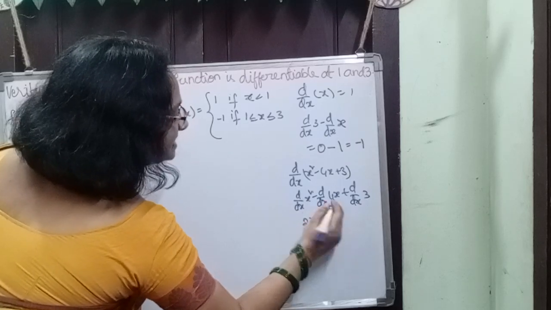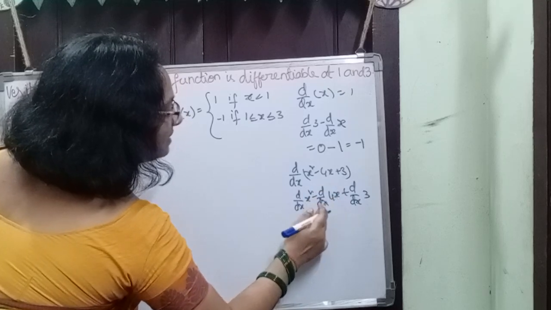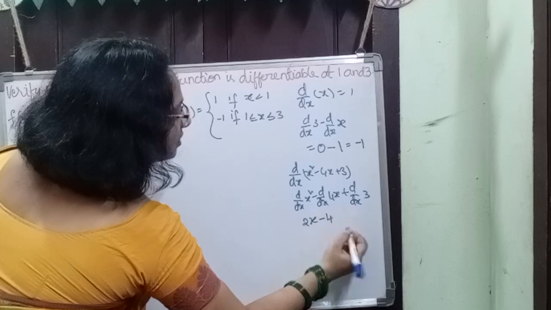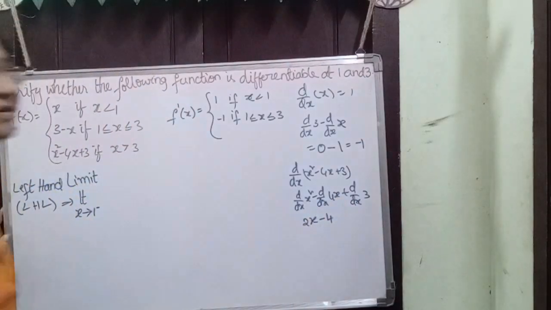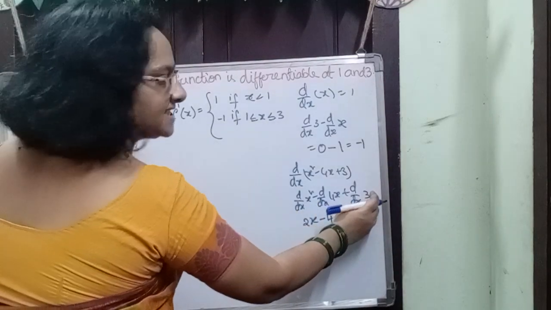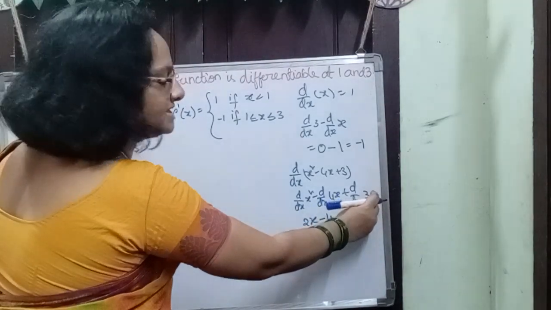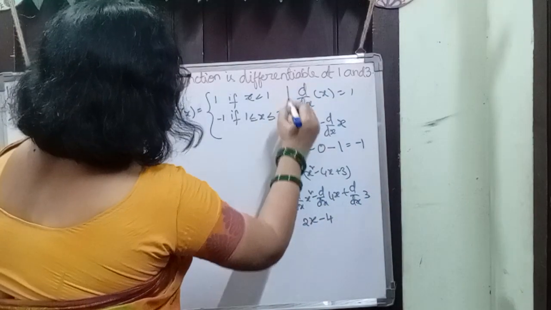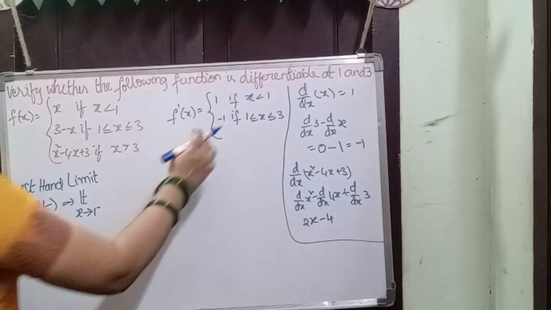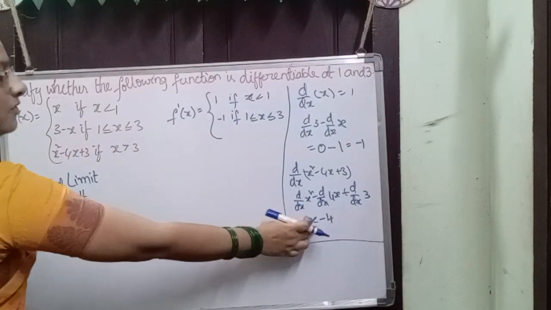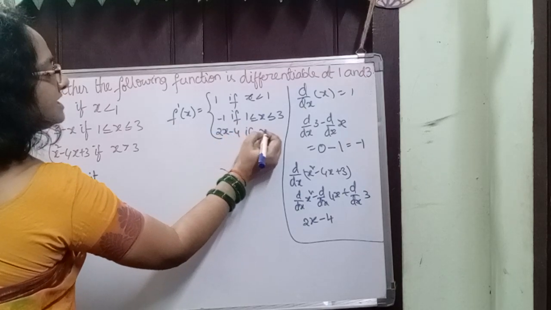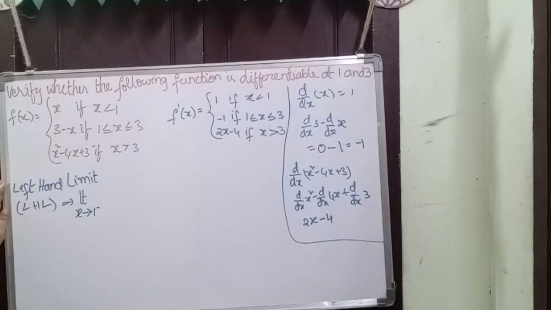Minus d by dx of 4x: 4 comes out, then 4 into d by dx of x, which is 1. And for the constant, the derivative is always 0. So these are the values you get when you differentiate these three. For the third one we got 2x minus 4, if the x value is greater than 3.